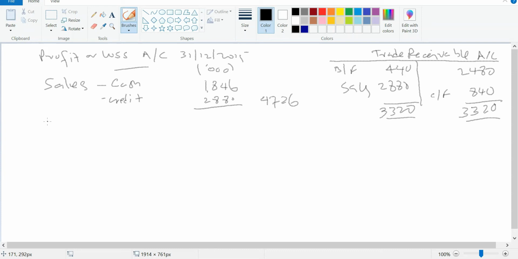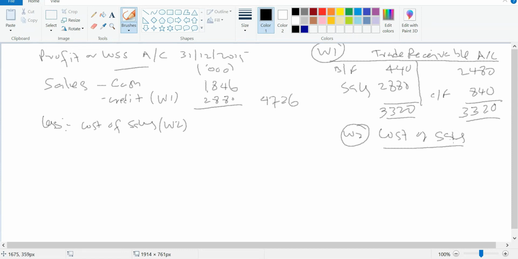Less cost of sales. Working number 1 is credit sales, and working number 2 is cost of sales.